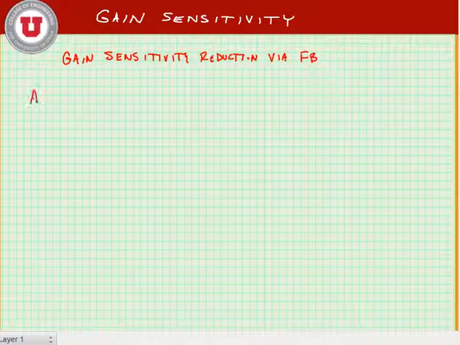Alright, so we know that our closed loop gain, ACL, is equal to little a, the gain of our amplifier, divided by 1 plus little a times beta, the loop gain of our amplifier.